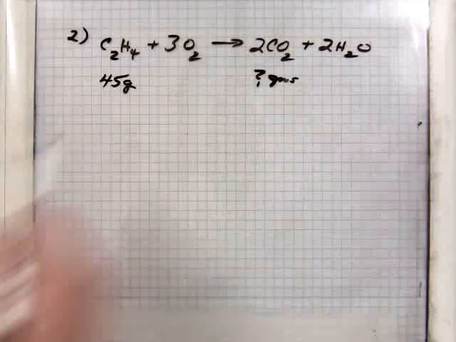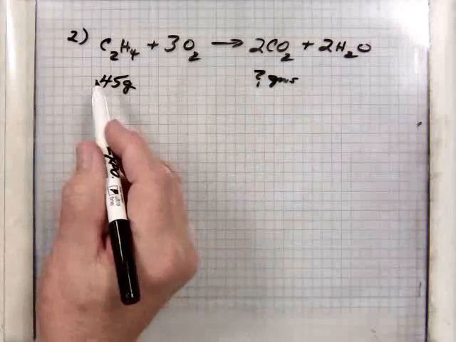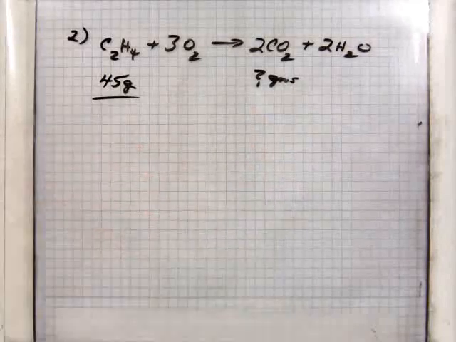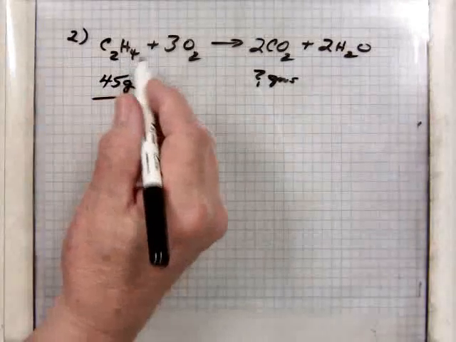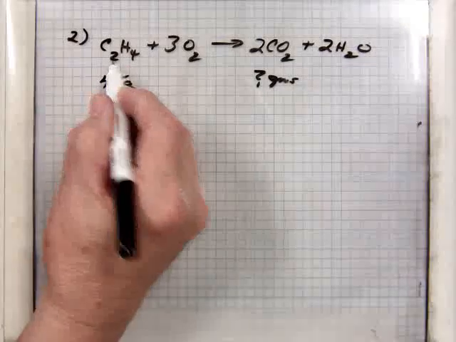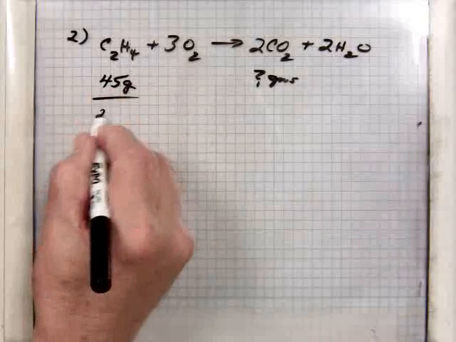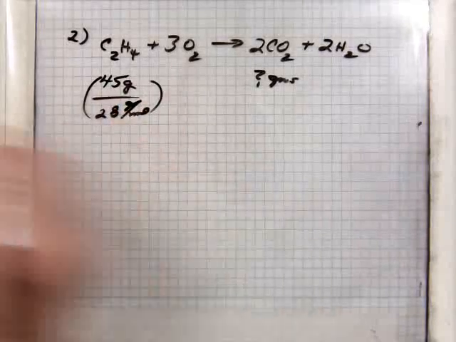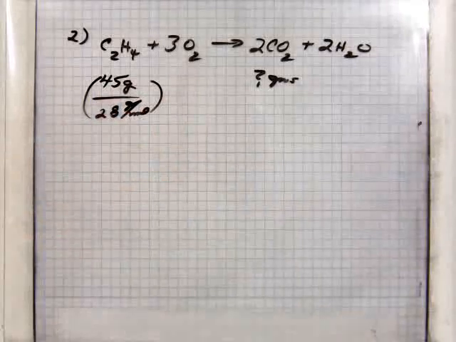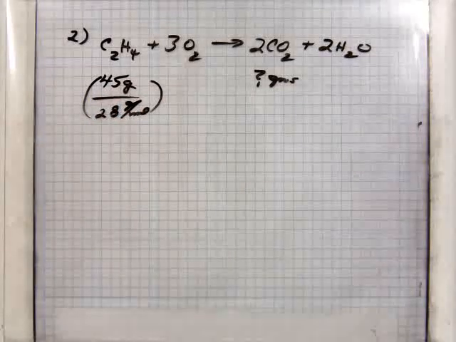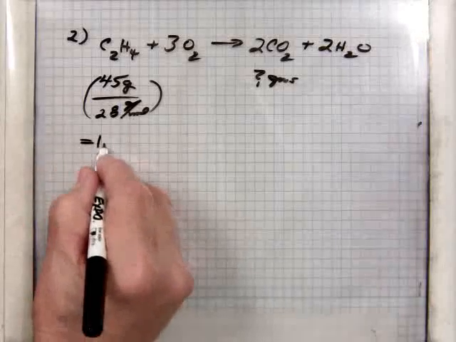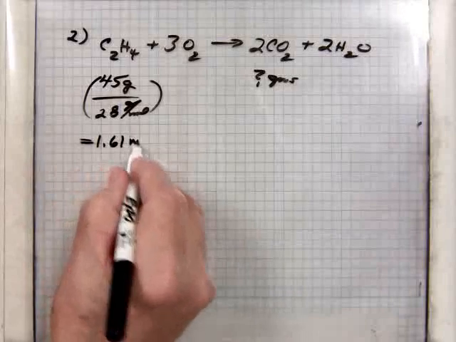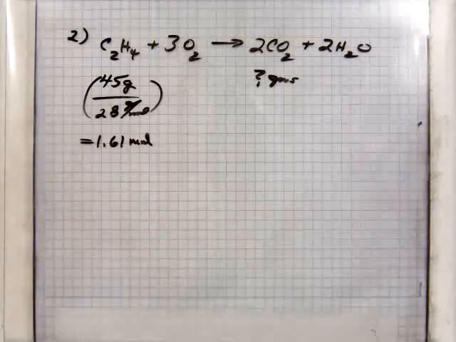Well, we need to convert to moles by dividing by the formula weight. This is 28: 12 and 12 is 24, plus 4 is 28 grams per mole. So 1.61 mole of the ethylene is used.